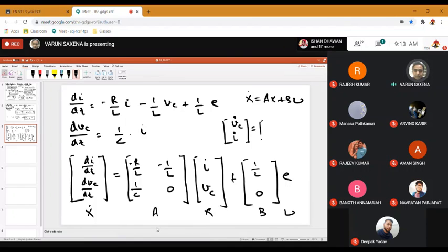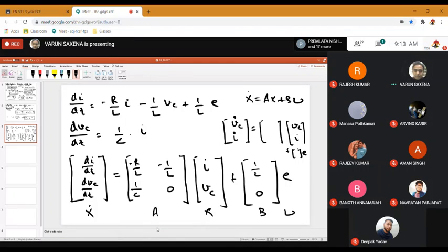Then everything is going to change, in the sense that the things that are down here in this row will get interchanged. So something like this, plus. So that is also possible. That depends on whichever way you want to write it, which state variable you want to write first.